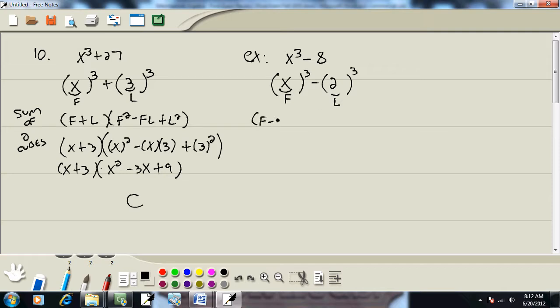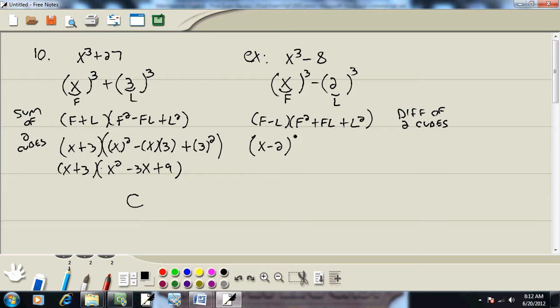And our formula is F minus L, F squared plus FL plus L squared. And this is the difference of 2 cubes. Well, everywhere there's an F, we'll plug in X. Everywhere there's an L, we'll plug in 2.